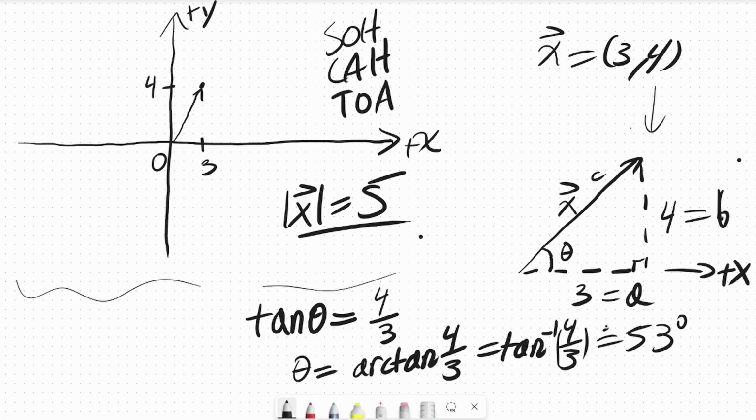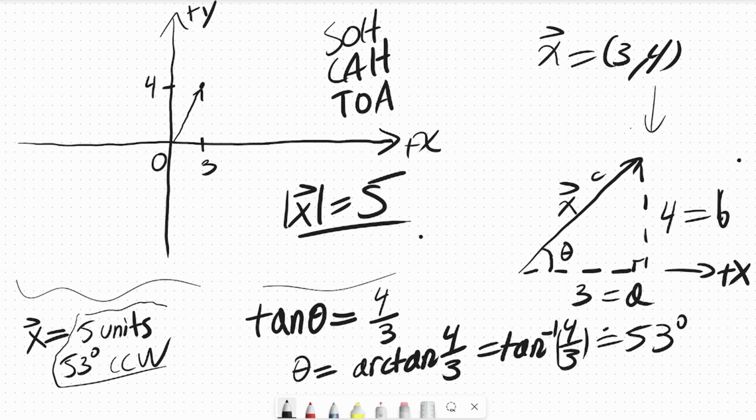With this, we're allowed to say that this vector, x vector, is going to be 5 units, and it's going to be 53 degrees counterclockwise from the x-axis. From the x-axis is implied when we don't write it. So we're going to write it as 5 units and 53 degrees counterclockwise.